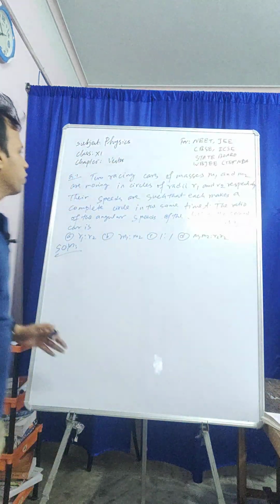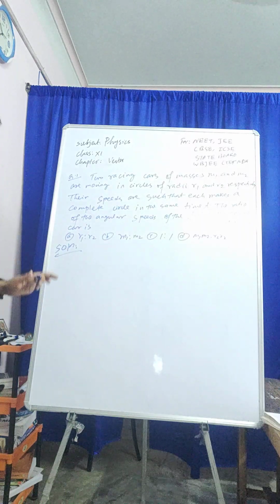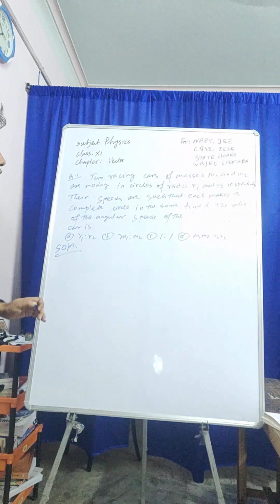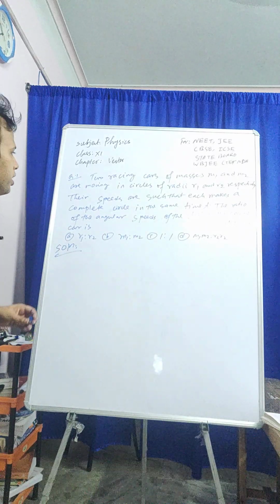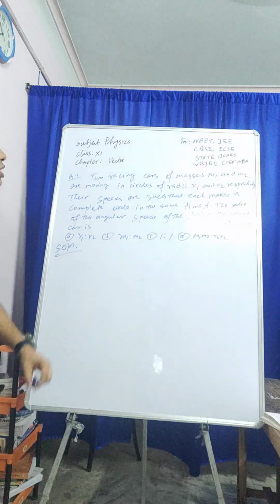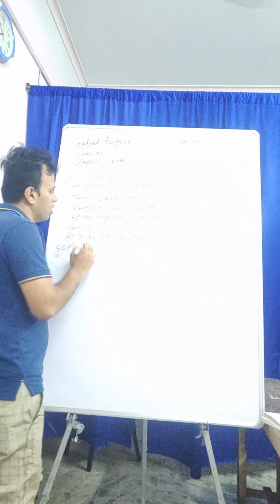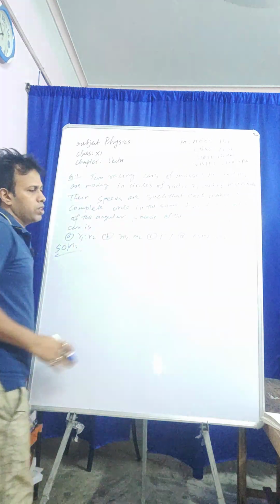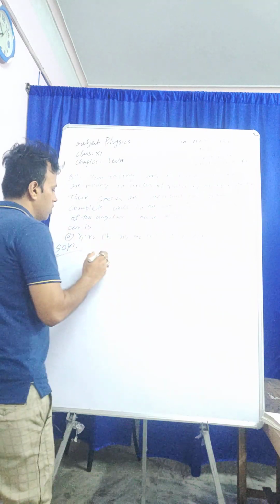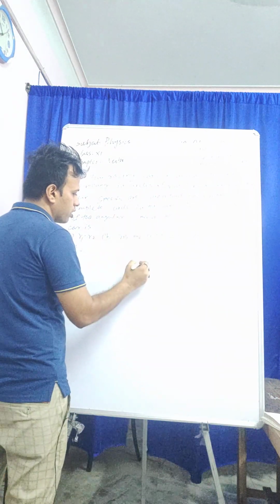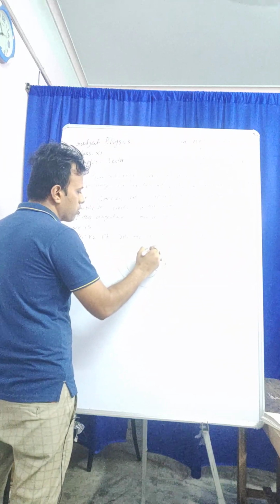Two racing cars of masses m1 and m2 are moving in circular paths of radii r1 and r2 respectively. Their speeds are such that each makes a complete circle in the same time t. The ratio of the angular speed of the first to the second car is: r1 to r2, m1 to m2, 1 to 1, or m1 r1 to m2 r2. This is one car with radius r1, and this is another car moving in a circular path of radius r2.